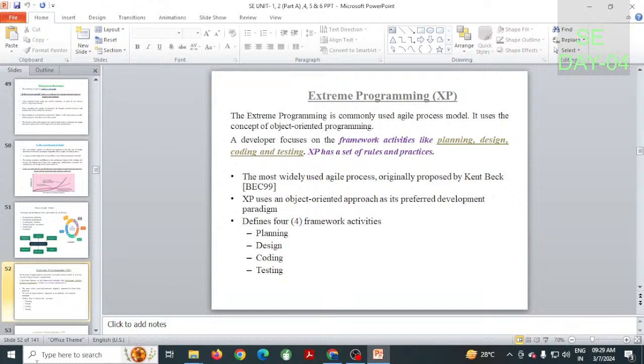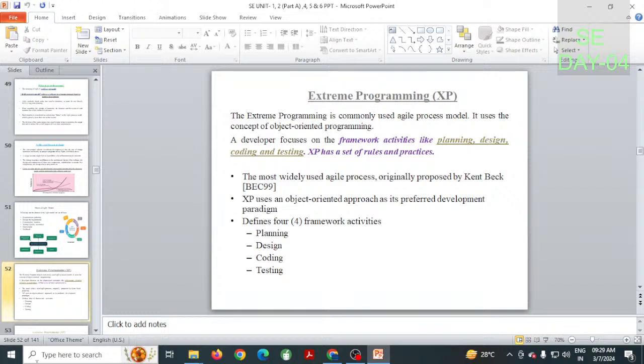Especially, it uses the concept of object-oriented programming. Here, the developer always focuses on framework activities like planning, design, coding, and testing.